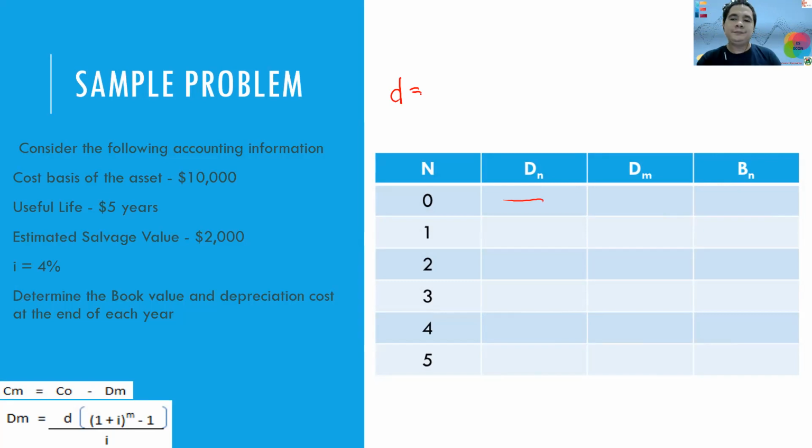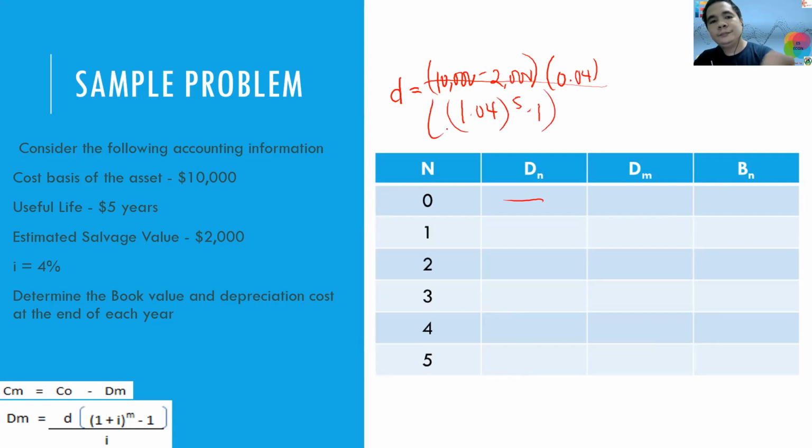So, this is the formula. That is CO, that is 10,000, minus 2,000, multiplied by 0.04 over 1.04 to the exponent of 5 minus 1.